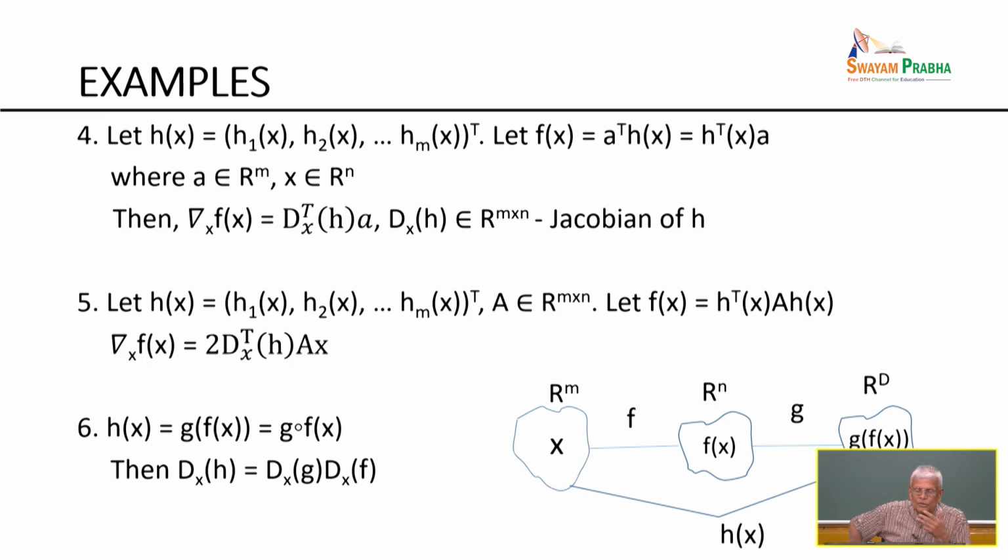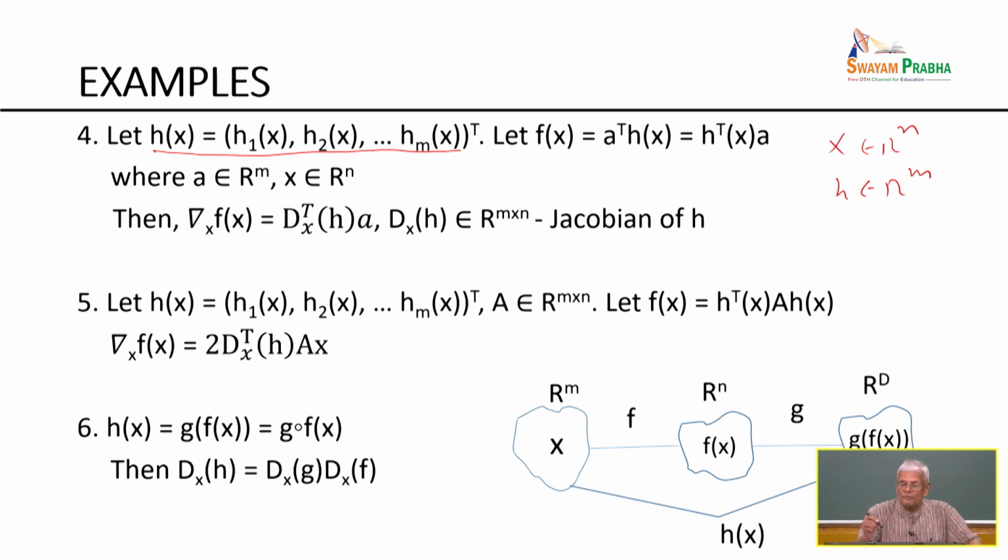Now I'm going to give you further examples of computing the gradient of various kinds of functions. So let h of x be an m-dimensional function. So x is here, please understand, x is a vector. h is also a vector. h is the m vector, x is the n vector.